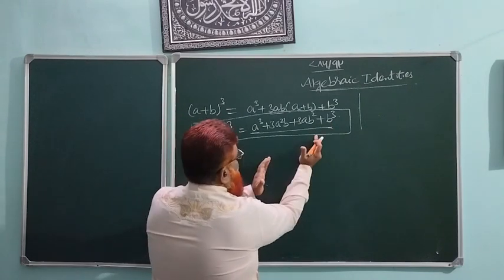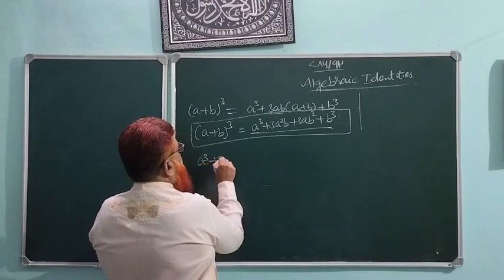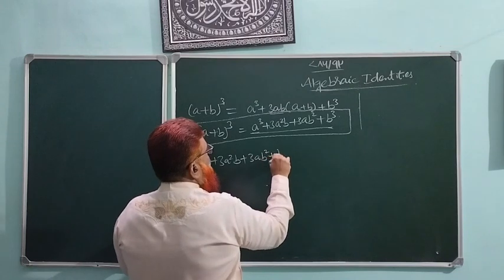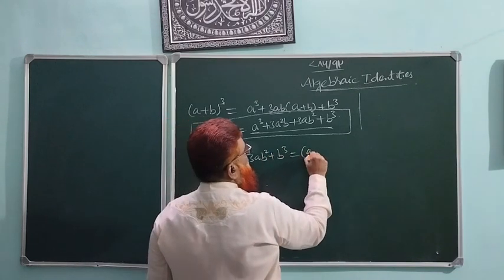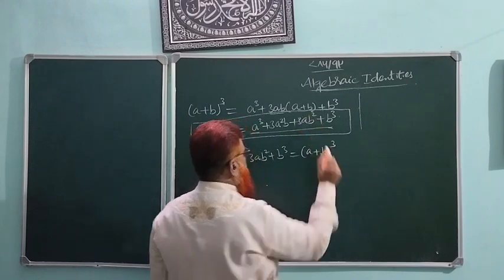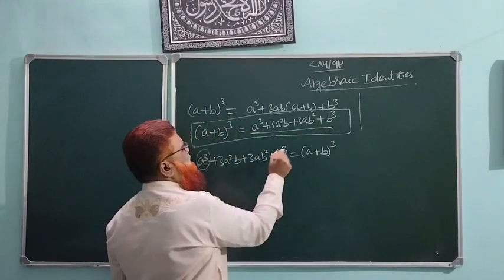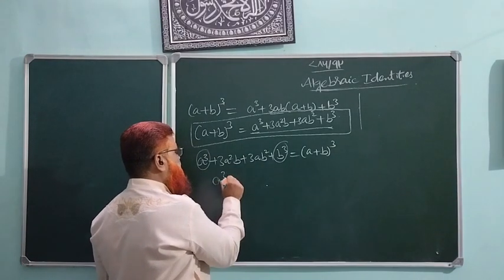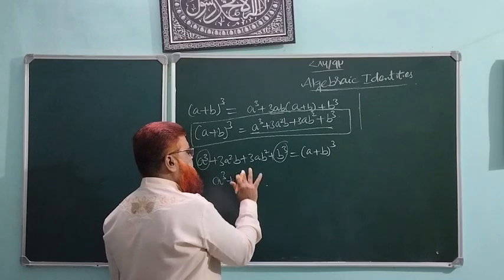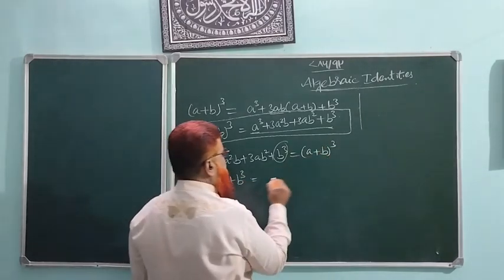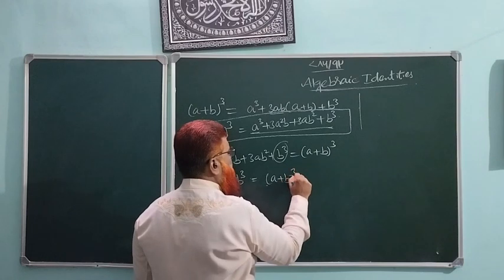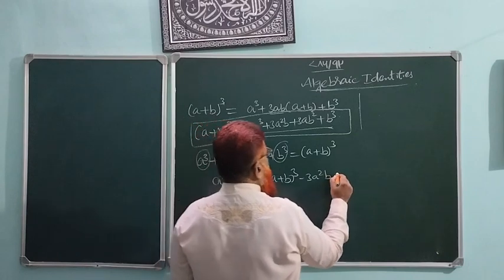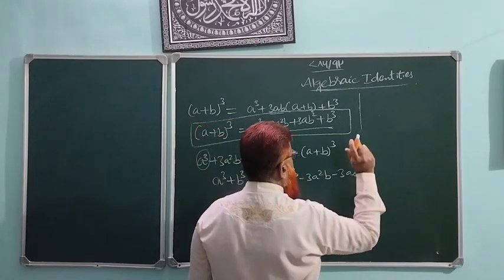This is LHS and this is RHS. a³ + 3a²b + 3ab² + b³ is equal to (a + b) whole cube. But I want only a³ and b³. I need this much only. Then retain a³ + b³ on the left side and transpose the rest: (a + b) whole cube, minus 3a²b minus 3ab².